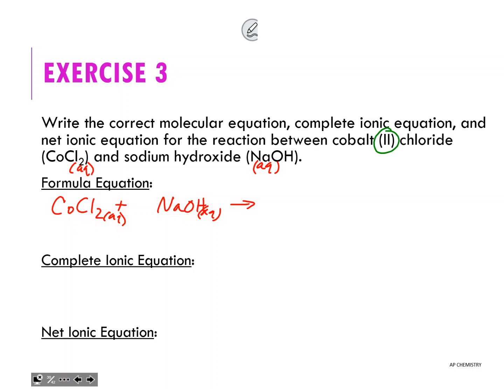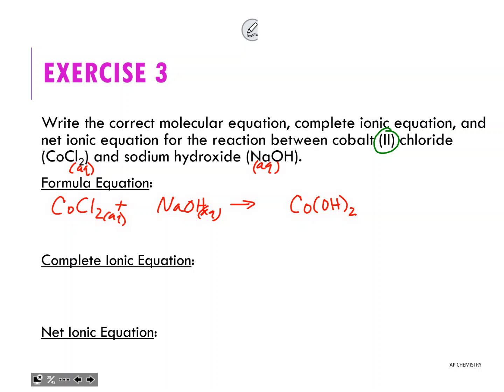Halogens go to -1, so you could figure it out that way as well. So, this is +2. What is hydroxide? -1. So, when we write the product over here, how many of each do we need? Just one cobalt and two hydroxides. Okay? So you write out the product.